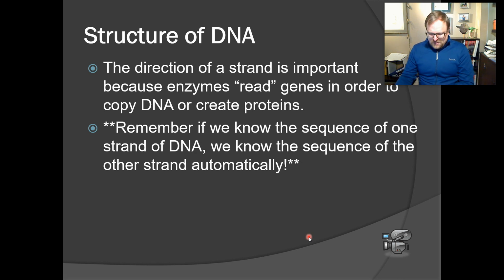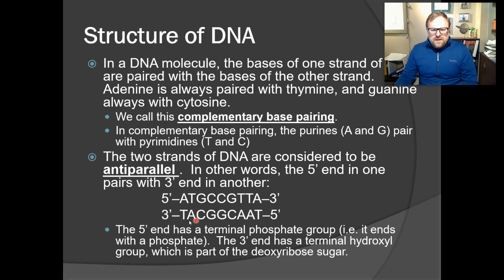If I was to go back up here and we were not given this strand here, but we knew the sequence of bases appearing here, like adenine, thymine, guanine, cytosine, ATCG, whatever it is here, I would automatically know what the complementary base pairing would be, because A always pairs with T, T always with A, G with C, C with G, G with C, right? And on and on and on down the line. So even though we only know one strand, we can figure out the complementary strand very easily just by remembering that A pairs with T, C pairs with G.